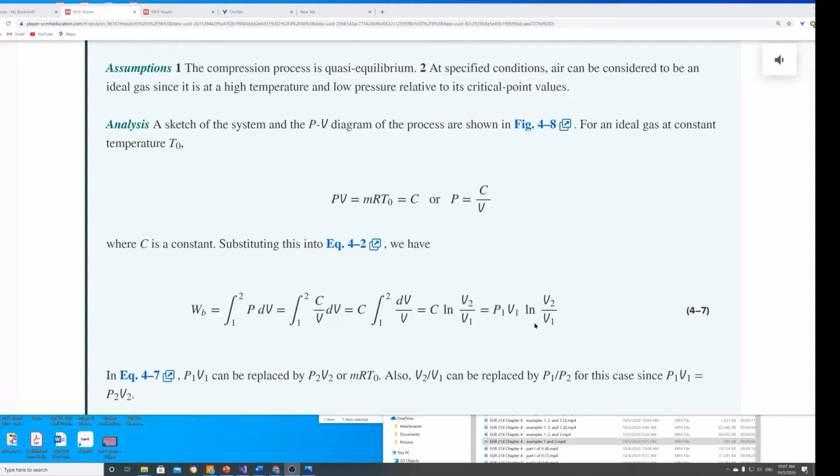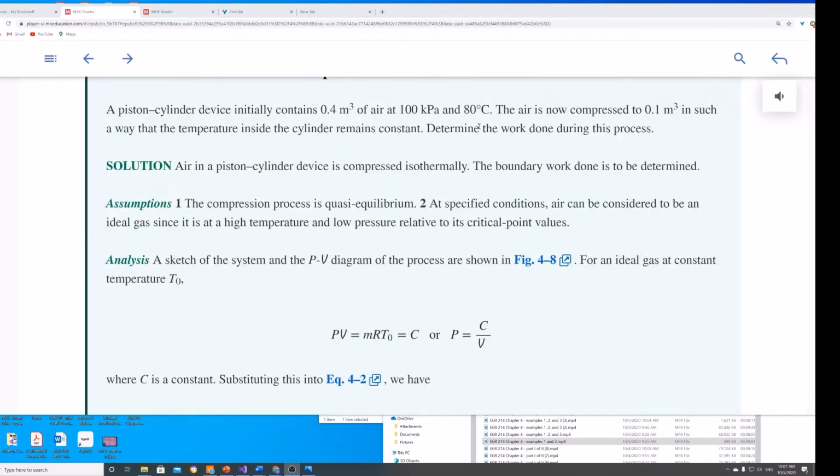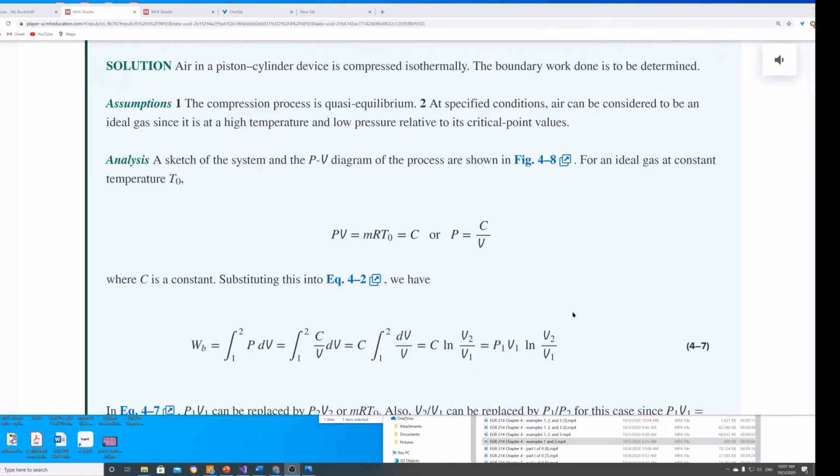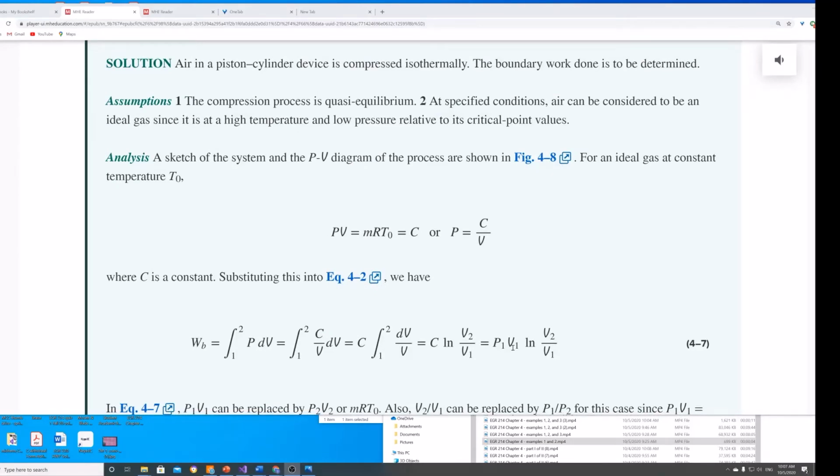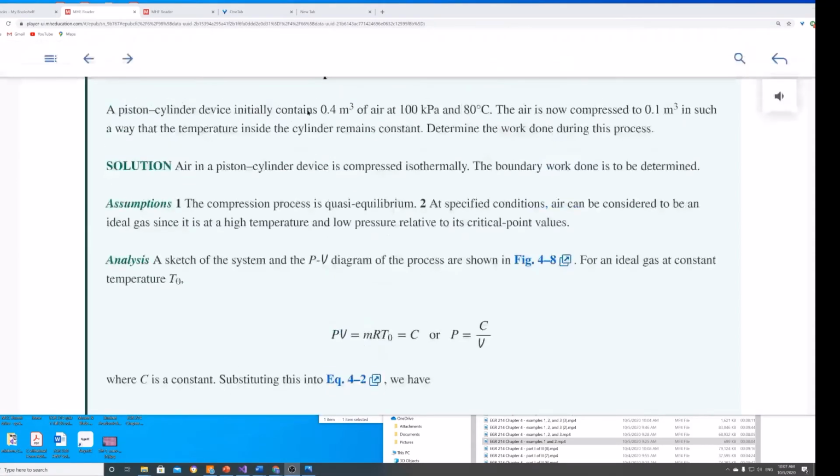So you can write it like this if you knew the initial volume and pressure, which we do. Or, assuming you didn't know the initial volume and pressure but knew the final volume and final pressure, at state 1 and state 2, you could also have put pressure 2 times volume 2 here. But since we know P1 and V1, we're going to use that.